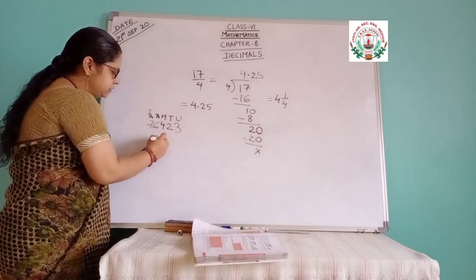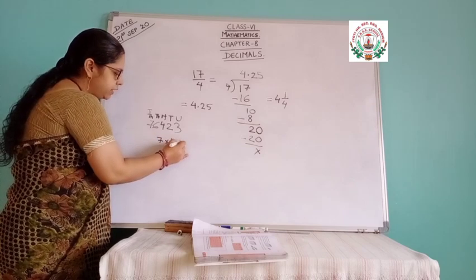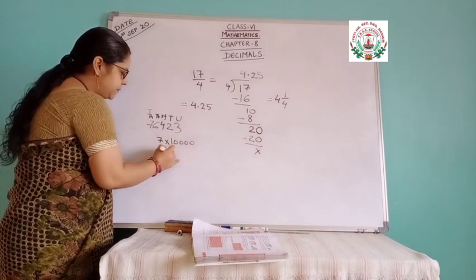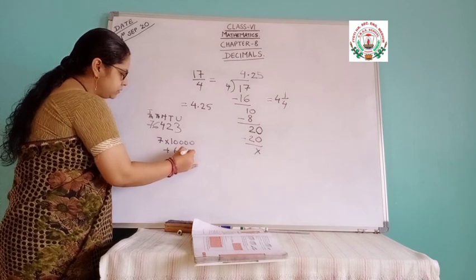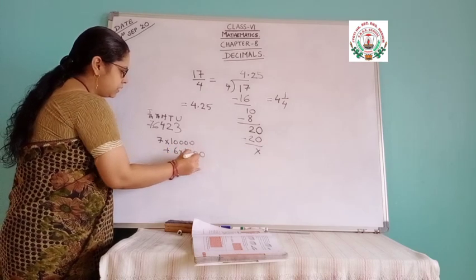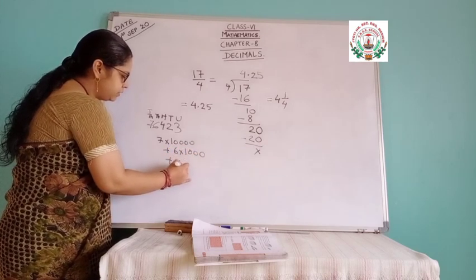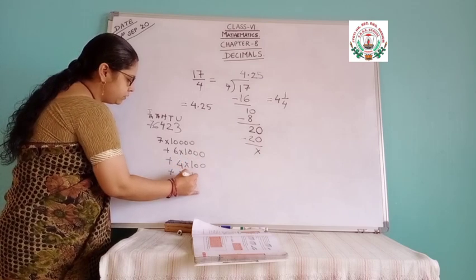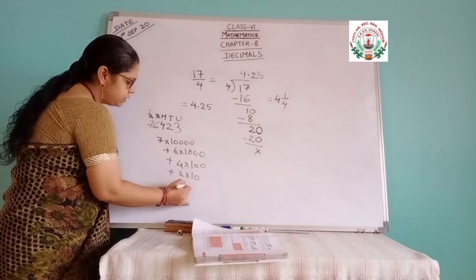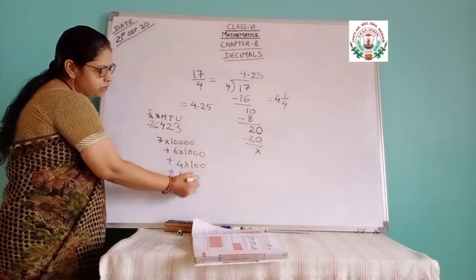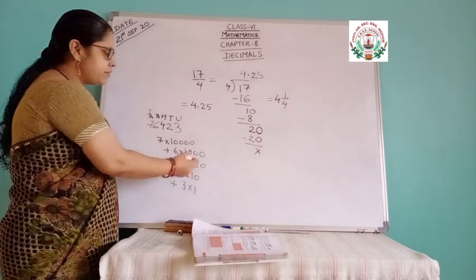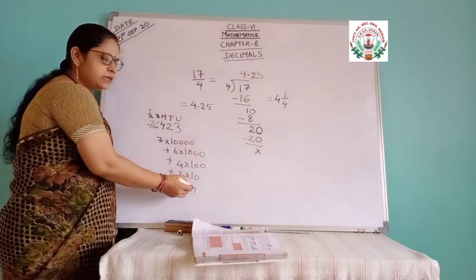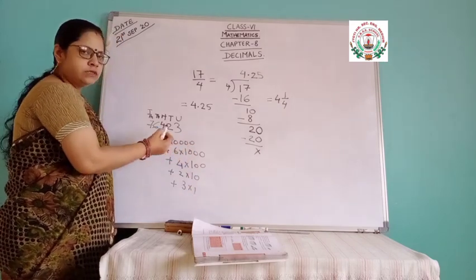So that means 7 into 10,000 plus 6 into 1000 plus 4 into 100 plus 2 into 10 plus 3 into 1. Now how are these numbers coming? Why are we writing these numbers? These numbers are according to the place value system.